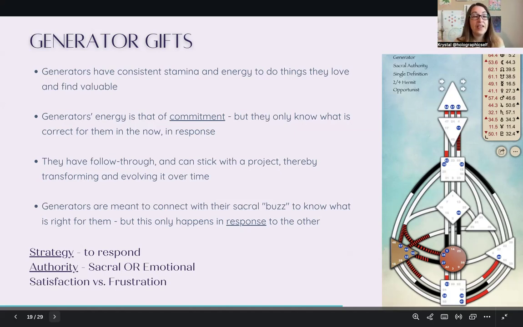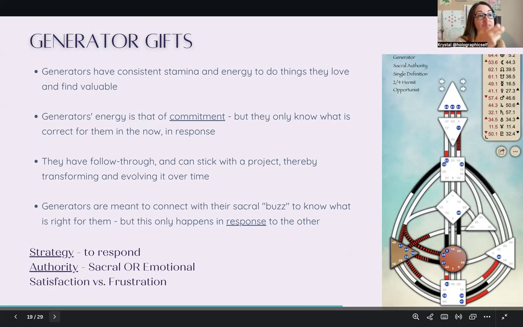And so things like skills that you build over time and you need to practice, this is a correct use of energy for generators, because often what they're doing is building something steadily, brick by brick, consistently over time. And their response has got to stay relevant, right?